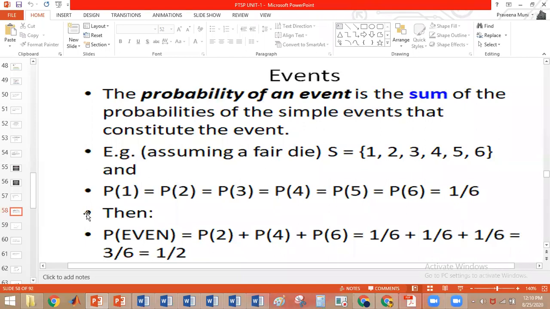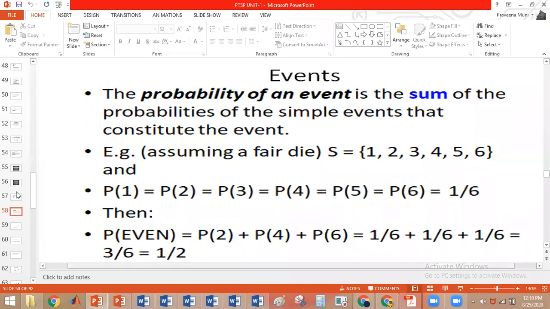The probability of getting an even number is the probability of getting 2 plus the probability of getting 4 plus the probability of getting 6, which is 1 by 6 plus 1 by 6 plus 1 by 6. So the probability of getting an even number is 1 by 2.